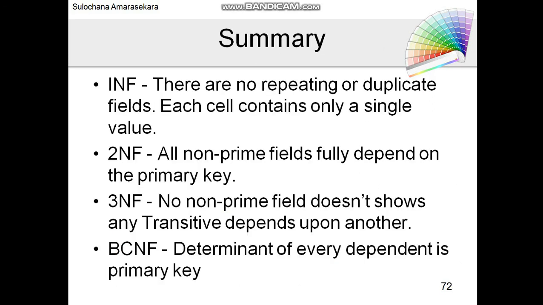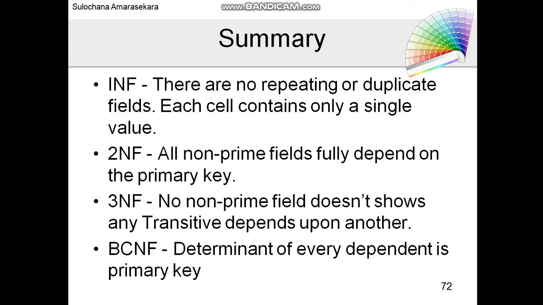Finally, I am going to summarize the normalization process. Any table which only contains atomic values is in first normal form. Any table which is in first normal form and doesn't have any partial dependency is in second normal form.